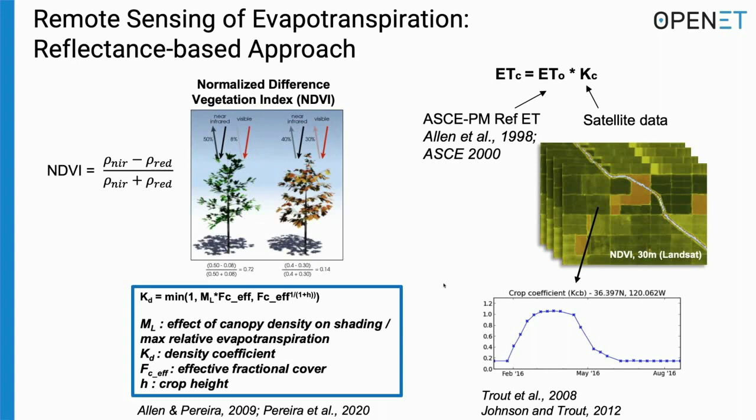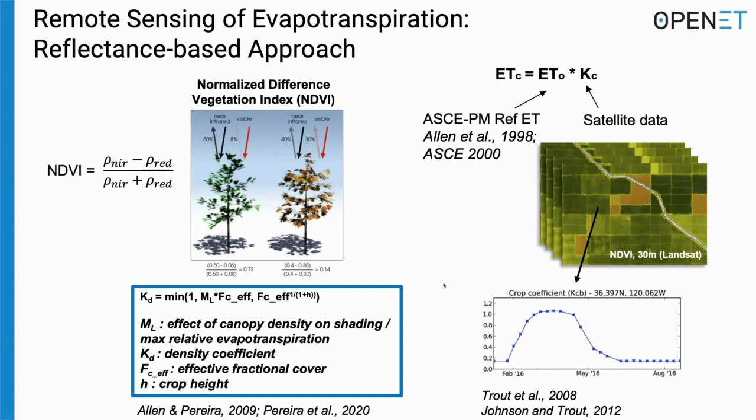The SIMS model takes the approach of first translating NDVI into a measure of the effective fractional cover. It then incorporates information to calculate the effective canopy density and shading to compute a max relative evapotranspiration rate. It accounts for crop height.